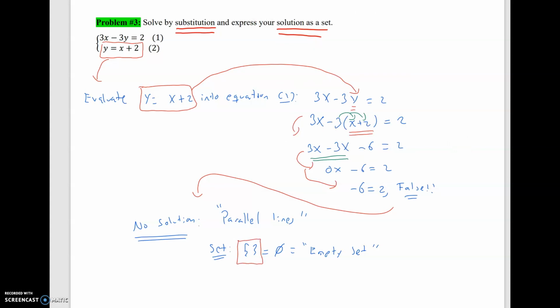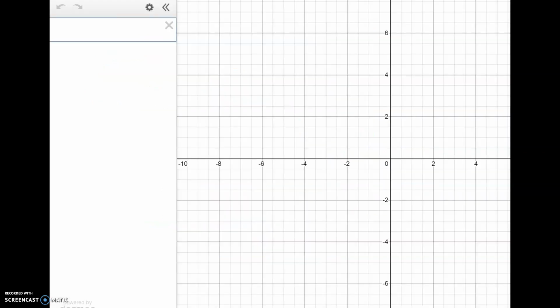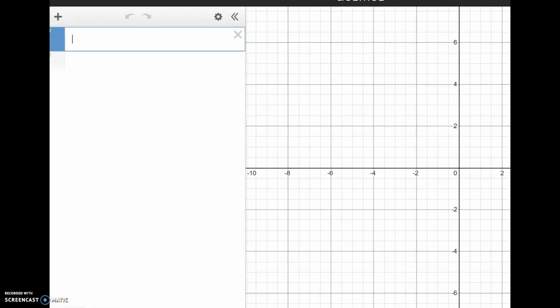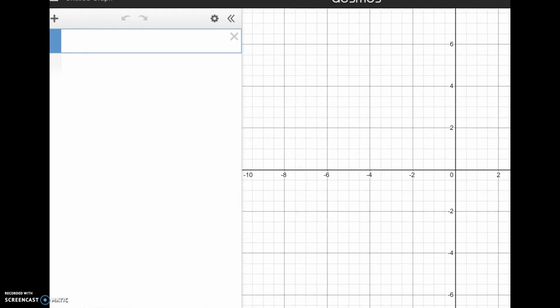Now, just so that we get a better idea of what this looked like, let me actually graph them in Desmos. So let me just expand the window. And our first equation was 3x minus 3y is equal to 2.